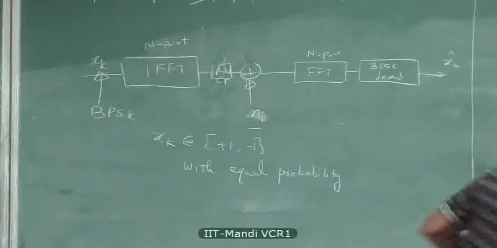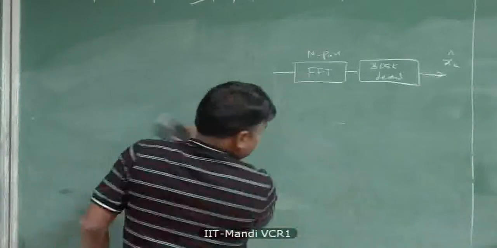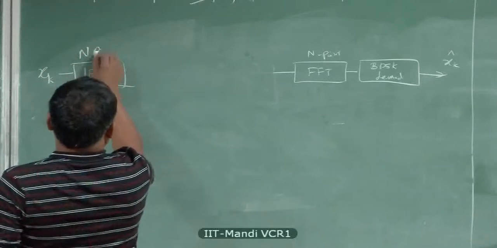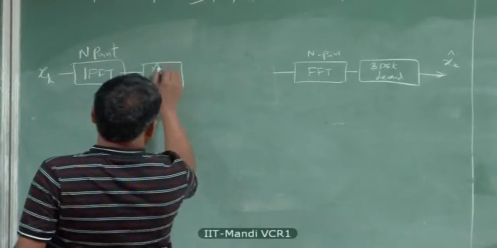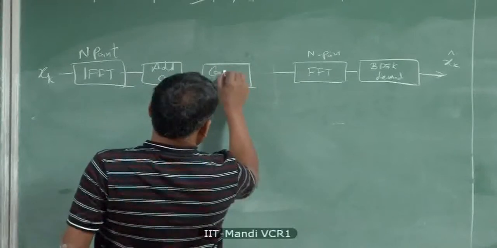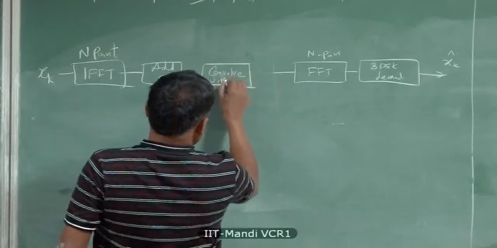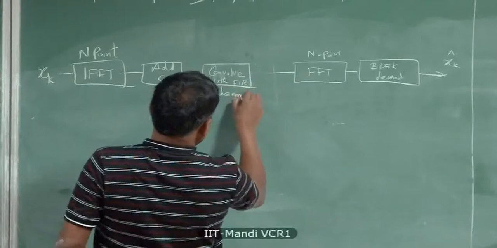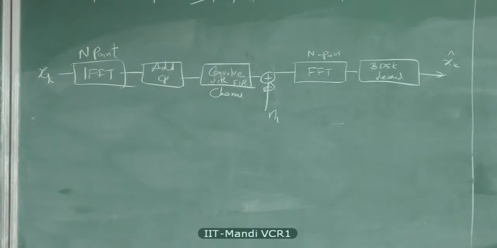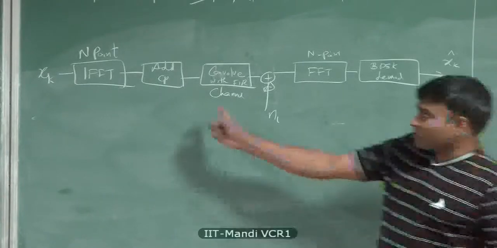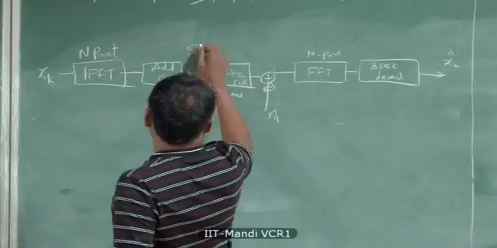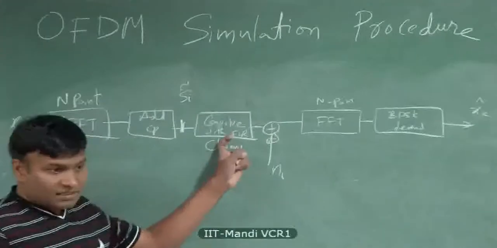Let me erase this and redo this. The two additional modules that you are going to introduce: you are going to add the cyclic prefix, which you know how to do, and then you are going to convolve the transmitted sequence, S tilde I, what we call, with an FIR channel.